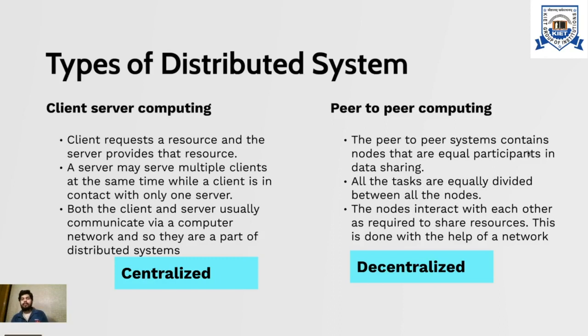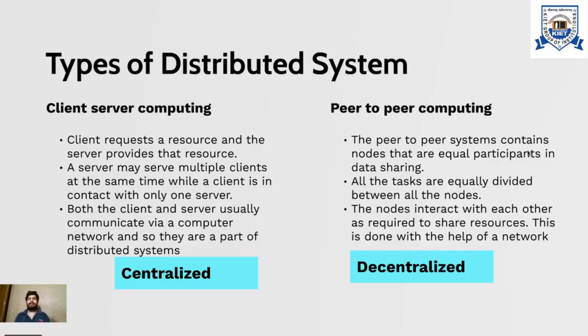Let's talk about peer-to-peer computing. Peer-to-peer computing is something that we have already discussed when we were discussing grid computing, right? Grid computing is an example of peer-to-peer computing where every participant or every node has equal preference. No one is the king, no one is the master in this system, and there is no one system which is taking all the data.